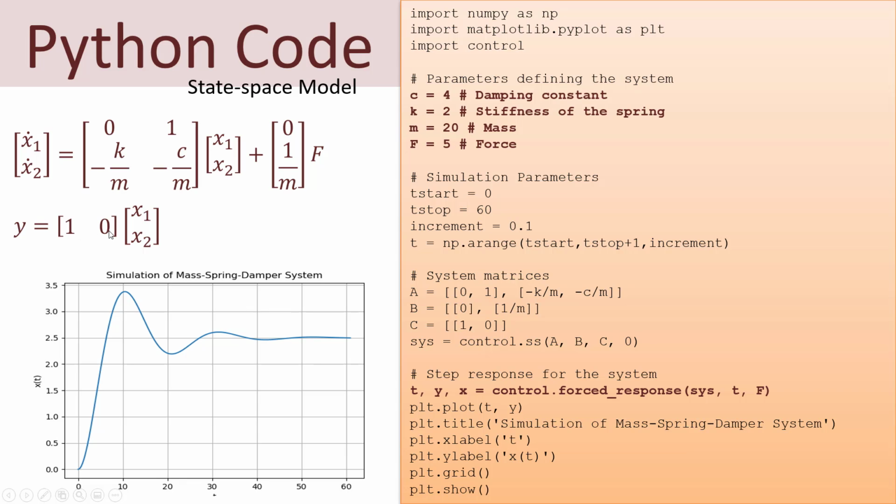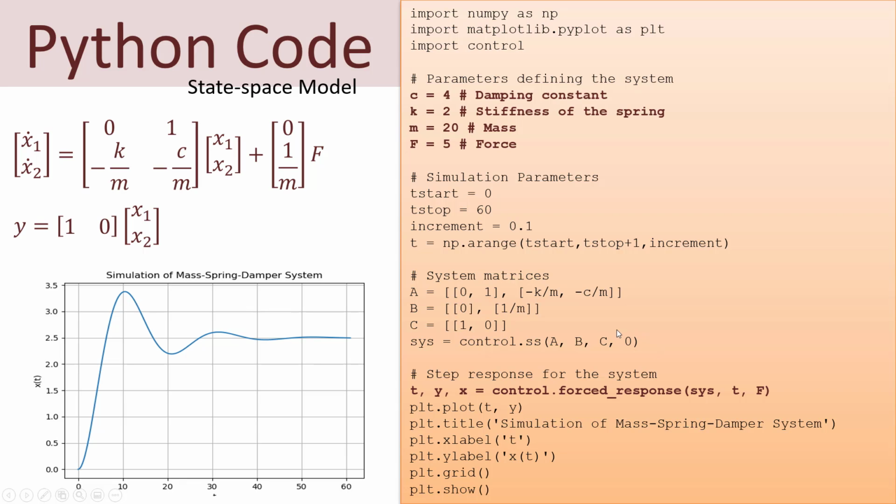I could set it to 1, 1, but 1, 0 means that the output of the system is just x1, which is the position. Then I use a function called ss from this control library, which is short for state space model, and the arguments to this function are these matrices A, B, C. And we also have a D matrix, which in this case is just 0.